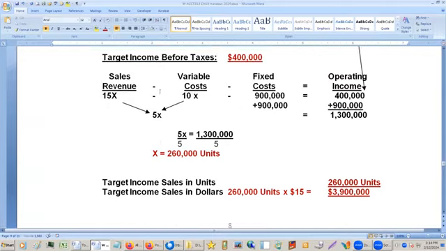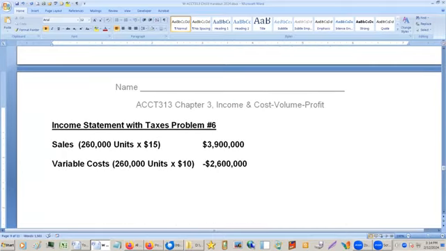And the fixed costs were what, 900,000? Okay, and the fixed costs were 900,000.